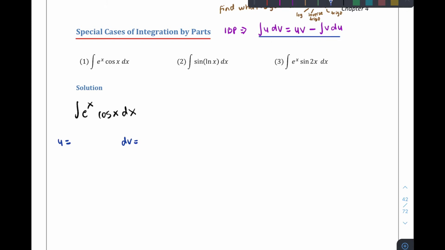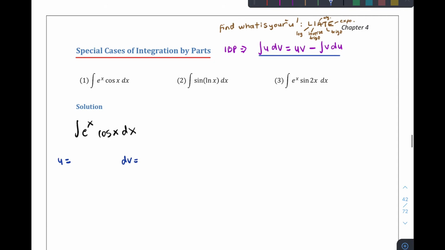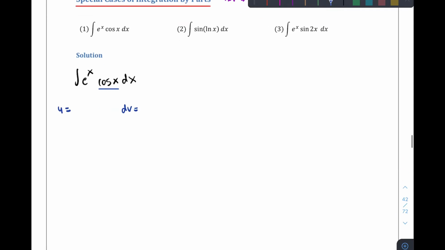Your u always uses the LIATE tip. Do you have the ln? No. Do you have the inverse trigo? No. Do you have the algebra? Also no. What comes after that is the trigo function, which is cos x. So you can let u be cos x.